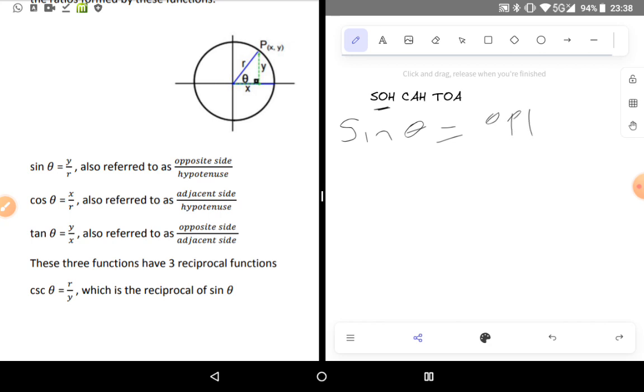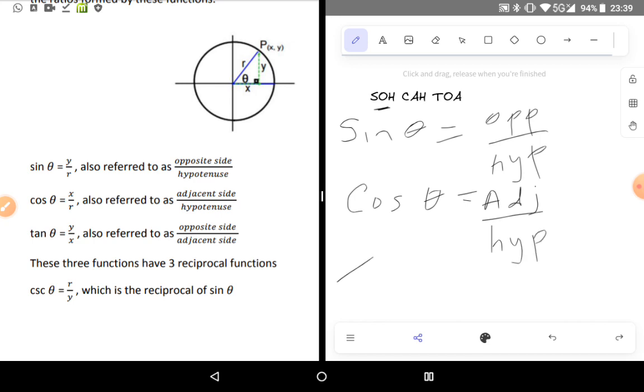Opposite over hypotenuse. Then we have CA, which is cos of theta, which results to A, stands for adjacent, and H is hypotenuse.